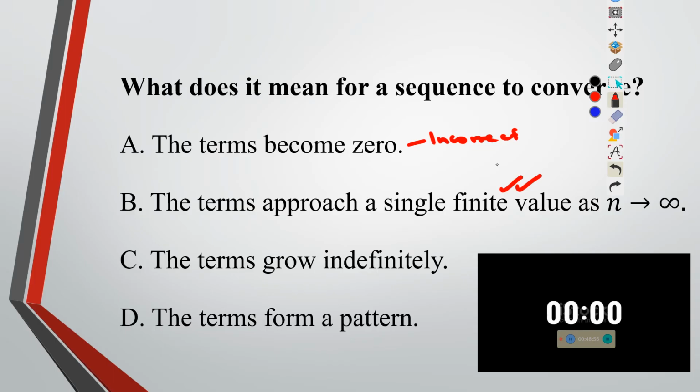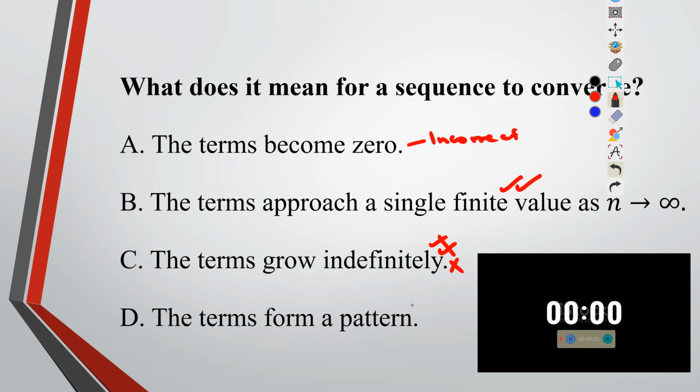So for a sequence to converge, it means it should be tending to a given finite value. Then 3, the terms grow indefinitely. This is incorrect because this describes divergence to infinity. Then the terms form a pattern.